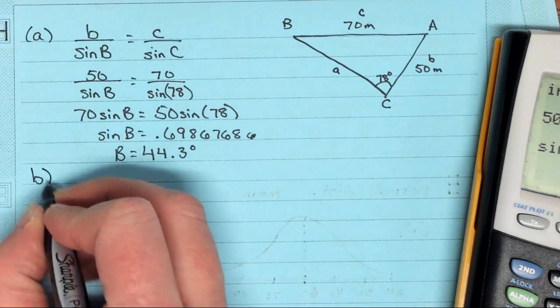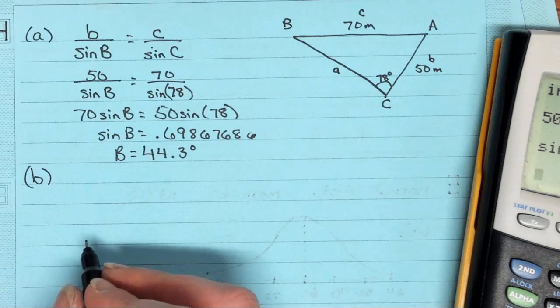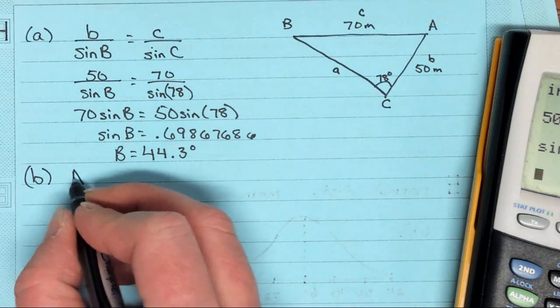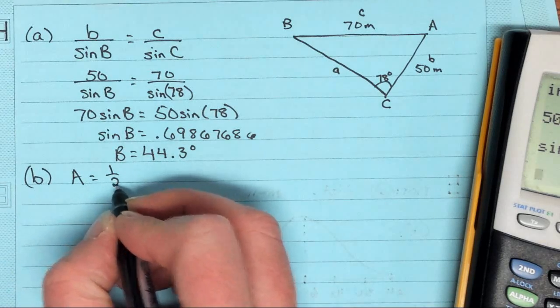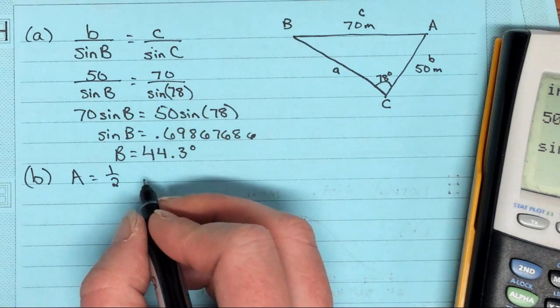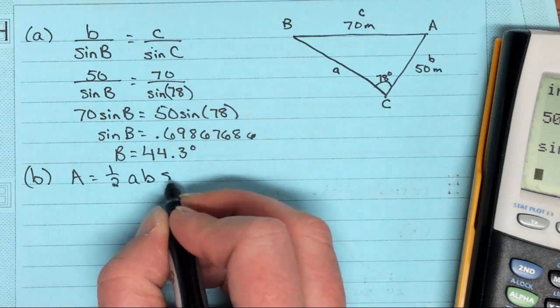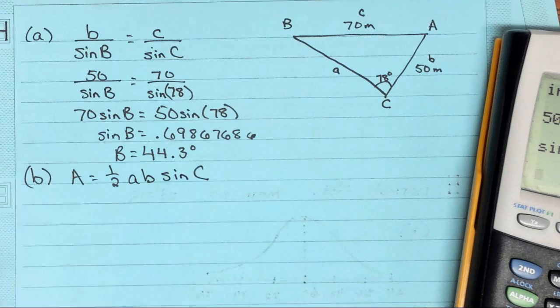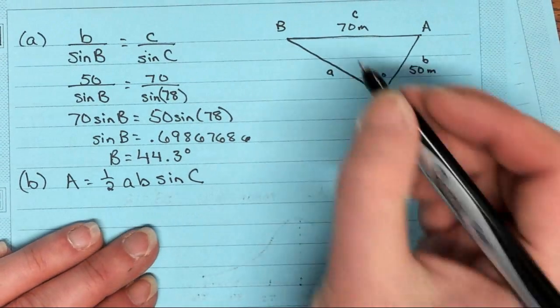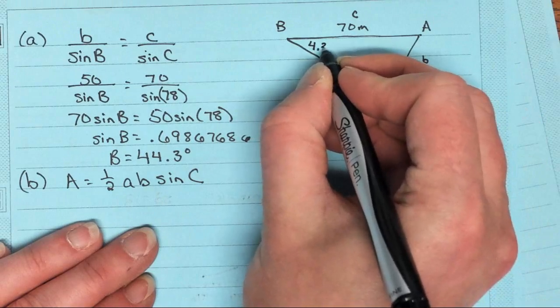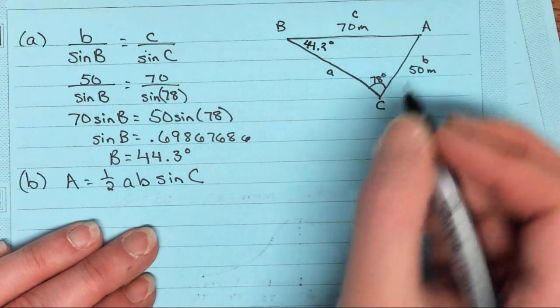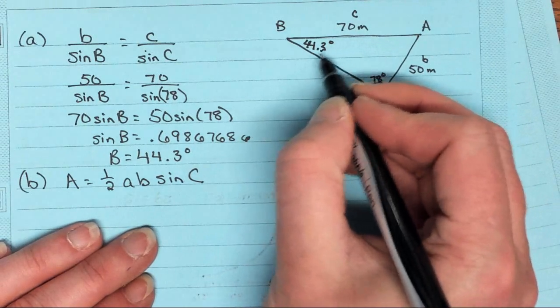Area. The area formula says, area equals 1/2 a side times a side times the sine of the angle in between. I know this is 44.3. Do I know the two sides around it?